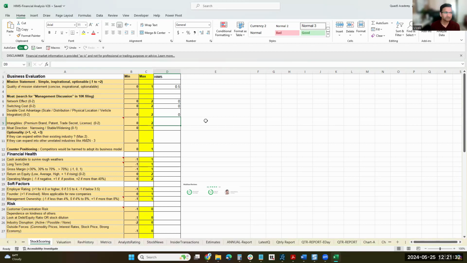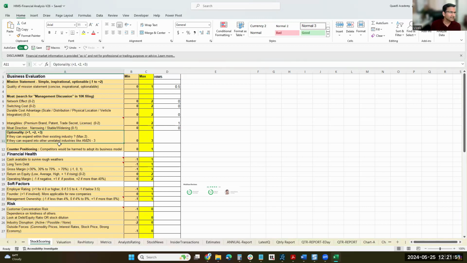I don't know. Maybe we can give the benefit of the doubt. More direction. If it is expanding, I have a zero. I don't know whether the moat is expanding or not. Doesn't look like it has a big moat anyway.